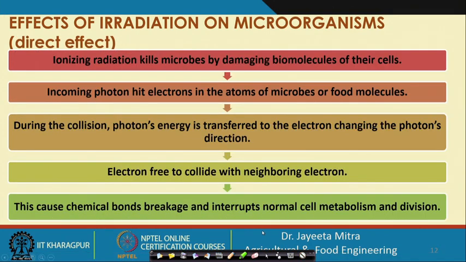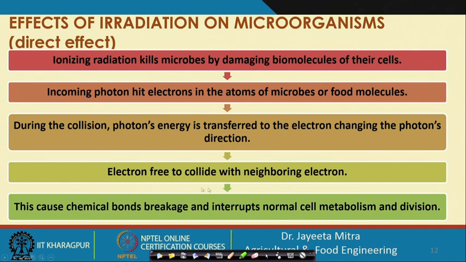Now, what is the direct effect? The ionizing radiation kills microbes by damaging the biomolecules of their cells. Incoming photons hit the electrons in the atoms of microbes or food molecules, and during the collision the photon's energy is transferred to the electron, changing the photon's direction. The electron is free to collide with neighboring electrons, and this causes chemical bond breakage.